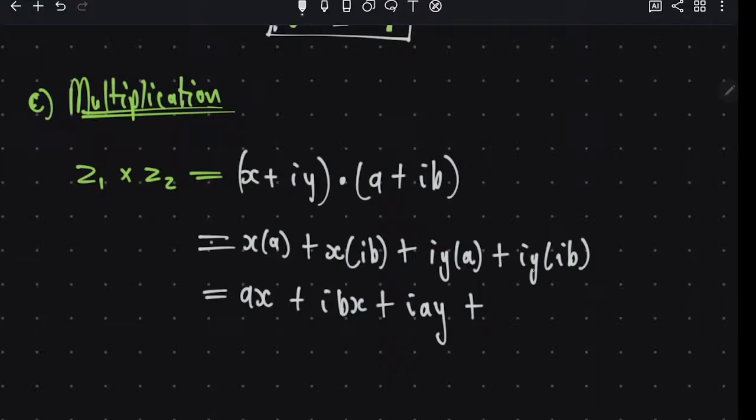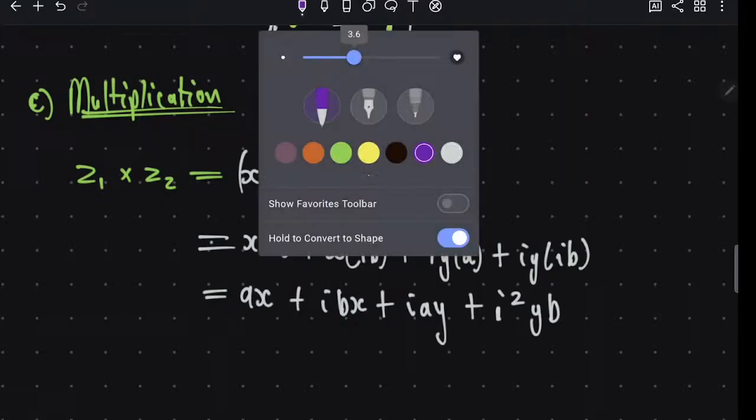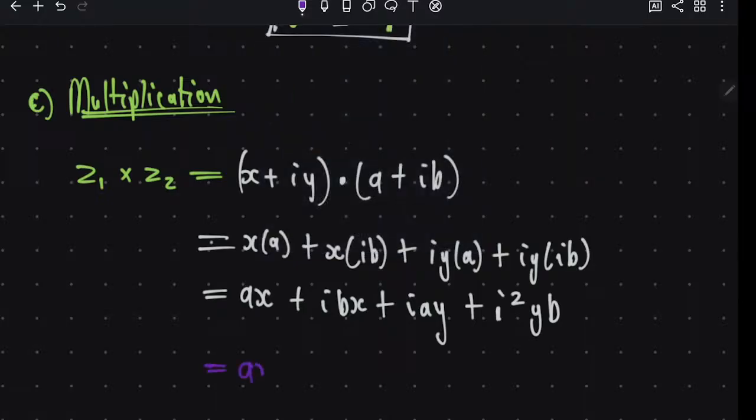Plus this now, which becomes I squared, then you have YB. So you will now have I squared YB. Then we can continue. This remains as AX. This remains as IBX. This remains as IAY.